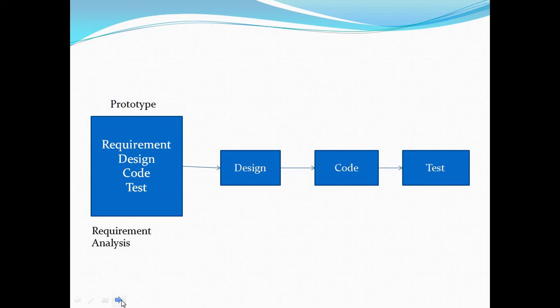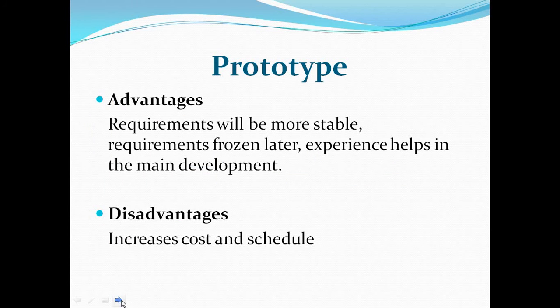Once the customer is okay with things, then we go for the actual designing, coding and testing. So this first part is just a prototype used to explain the model to the customer, and only if the customer is satisfied do we go for designing, coding and testing. What are the advantages here? Requirements will be more stable. The disadvantage is the increased cost as well as schedule of the project.